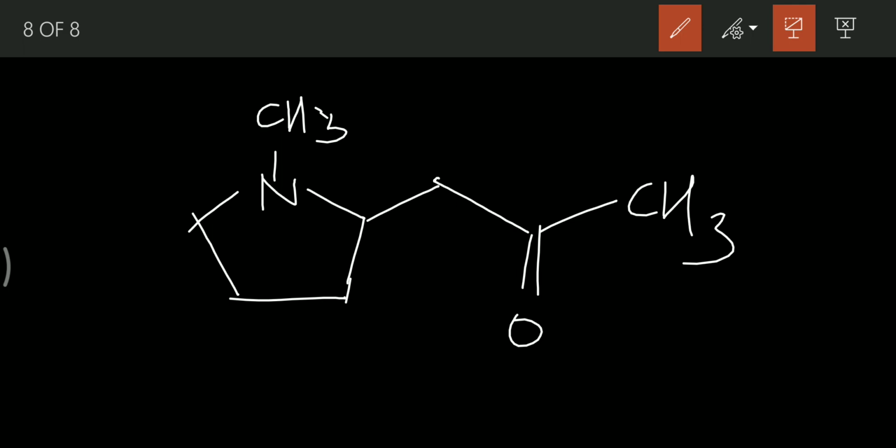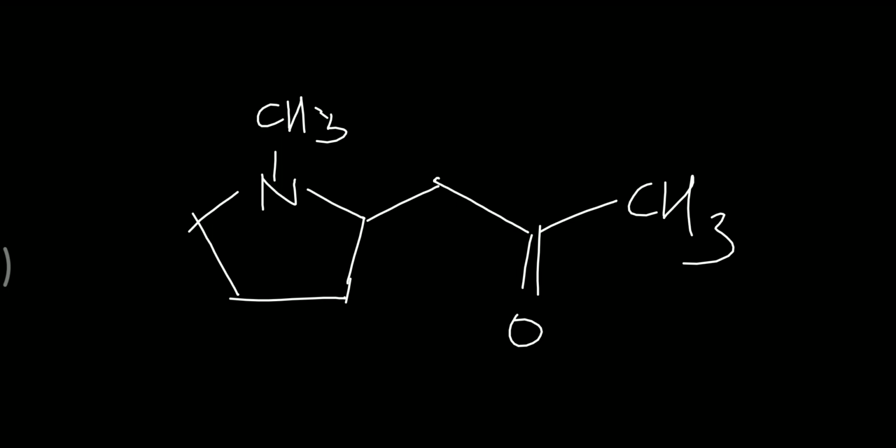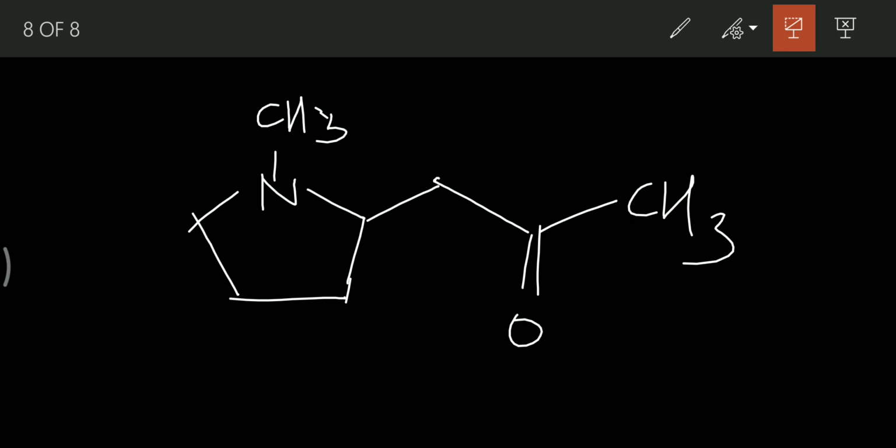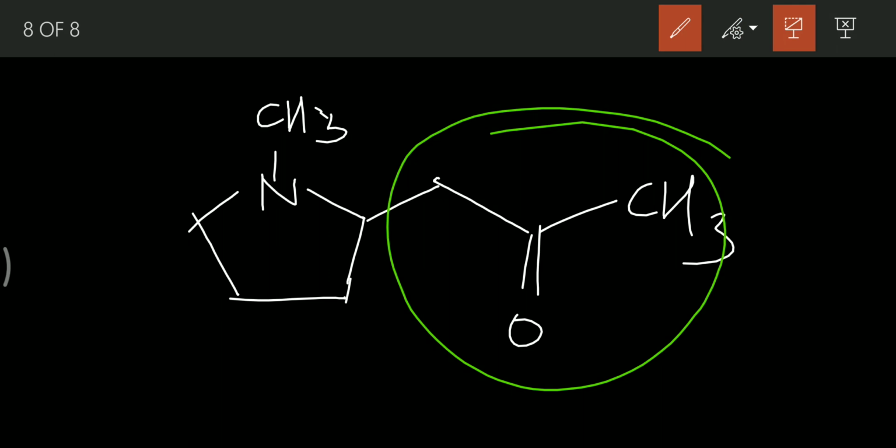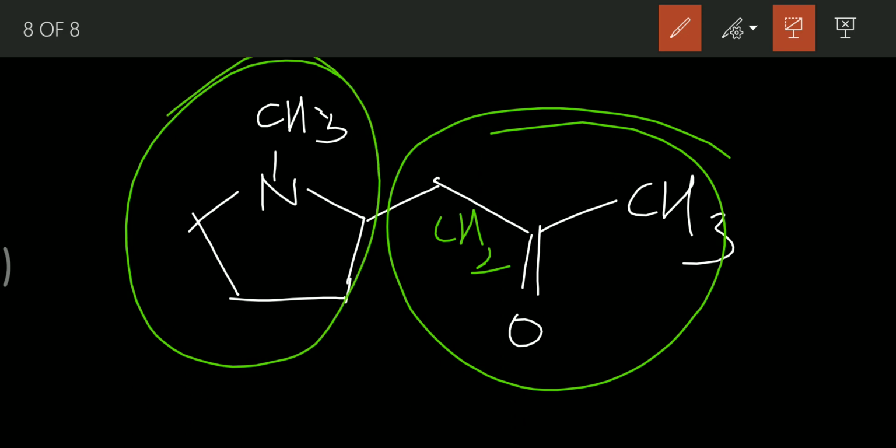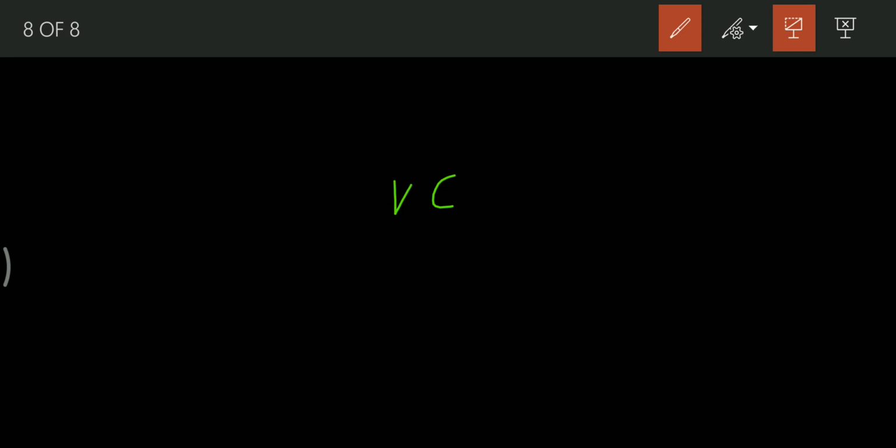So here you can see that this looks like acetone, because acetone has the structure here, this is the CH2 group. So the third hydrogen atom is replaced by this pyrrolidine derivative. Or if you draw the structure of acetone, this is the structure of acetone.